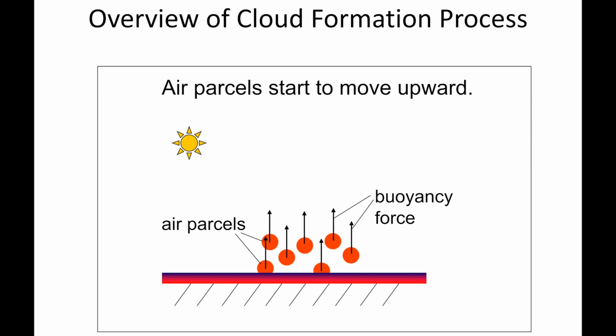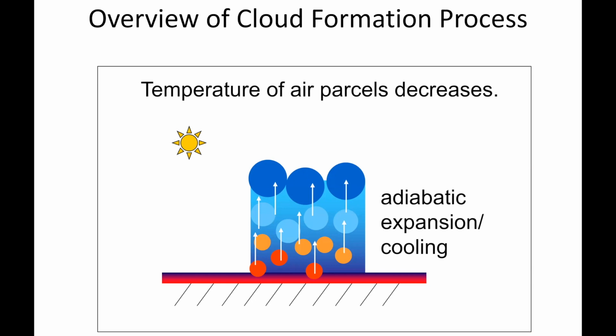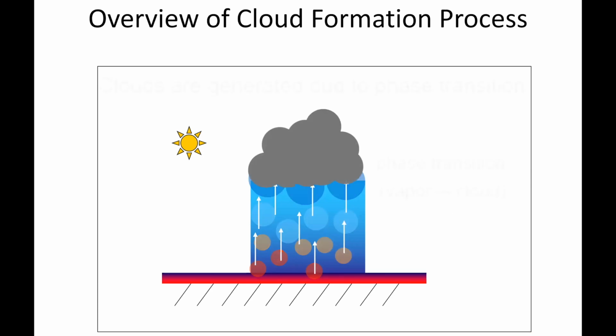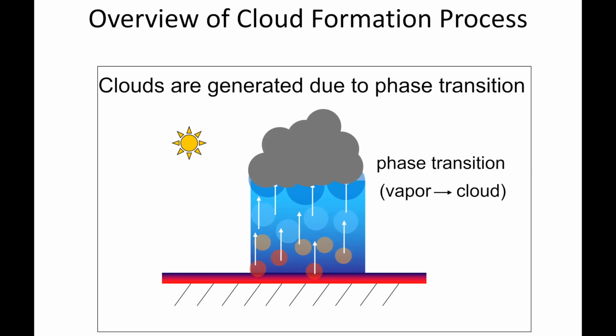As these air parcels move upward, their temperature decreases due to a phenomenon called adiabatic expansion. Finally, at a certain altitude, a phenomenon called phase transition occurs. That is, water vapor becomes water droplets, and these water droplets are perceived as clouds.